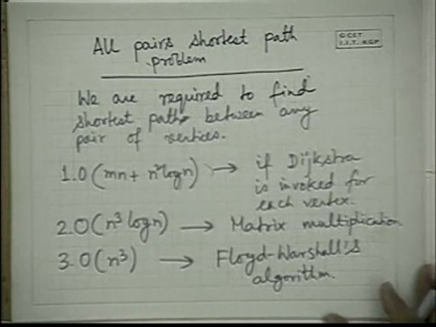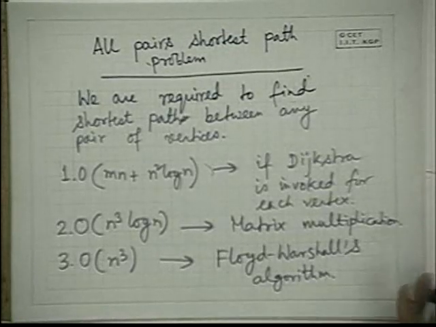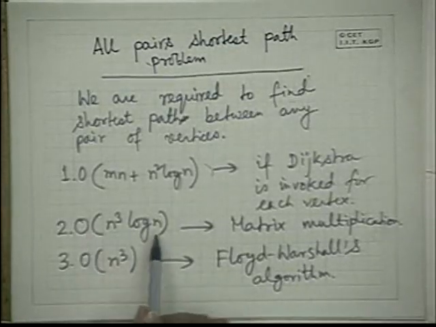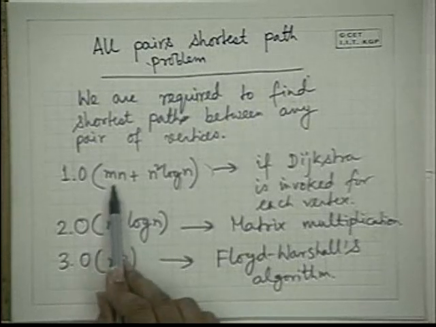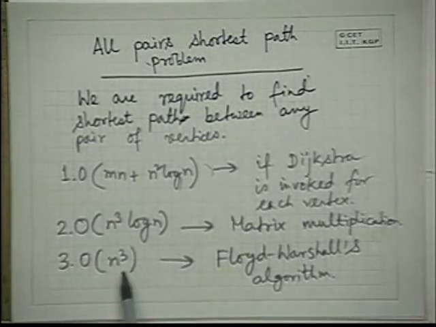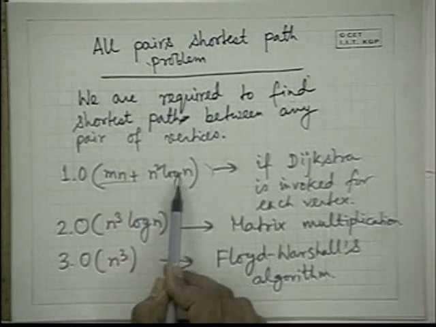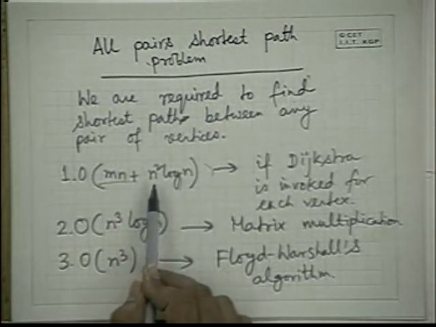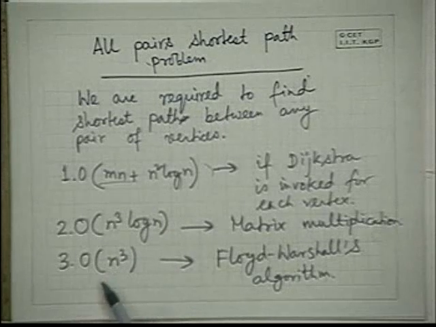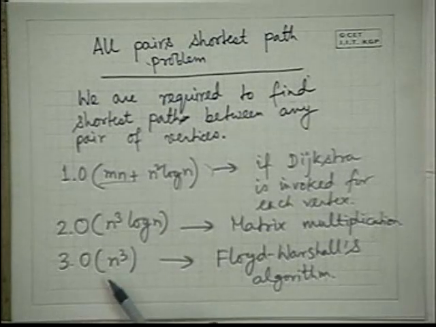Okay, why all these three? Definitely n cube log n is not better than this mn plus n square log n. Even n cube is not better than this naive Dijkstra running for n vertices. Then why somebody has invented this particular order n cube algorithm?